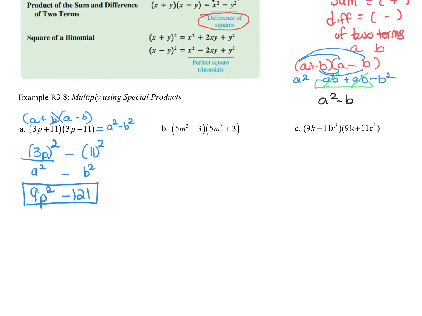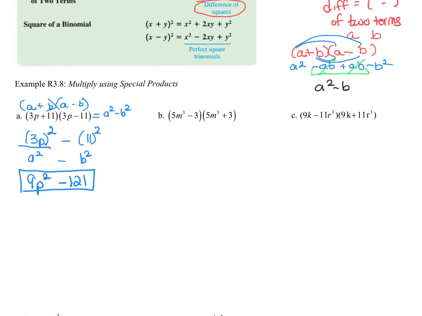So let's try another one. Try the next one. Here's my a, my b. So this thing should equal a squared minus b squared, because remember right here I have a minus b and then a plus b.